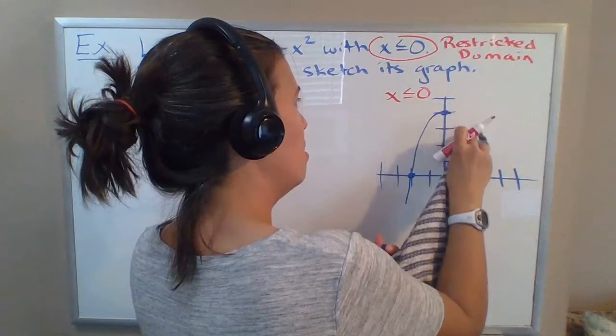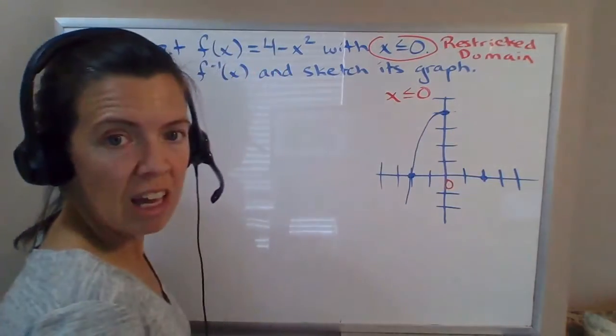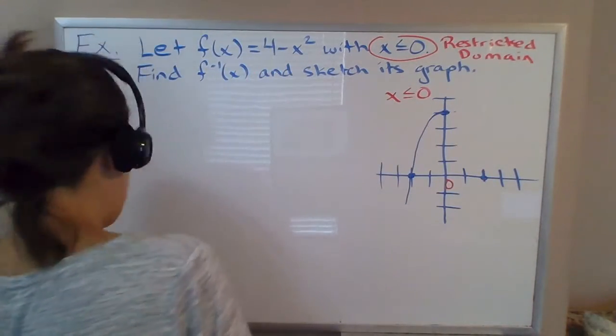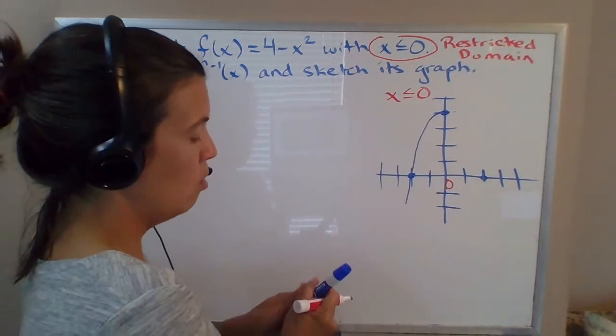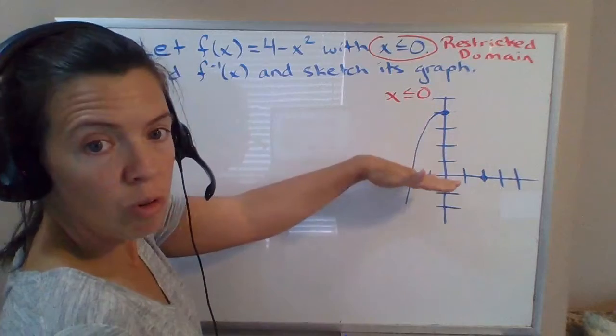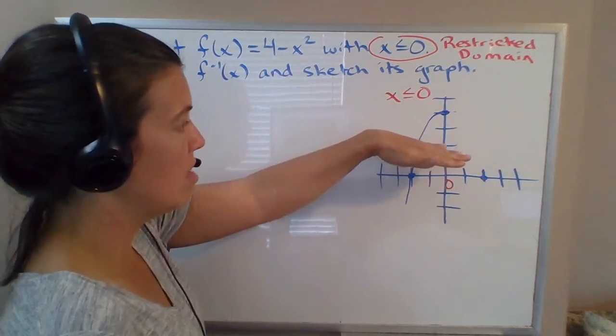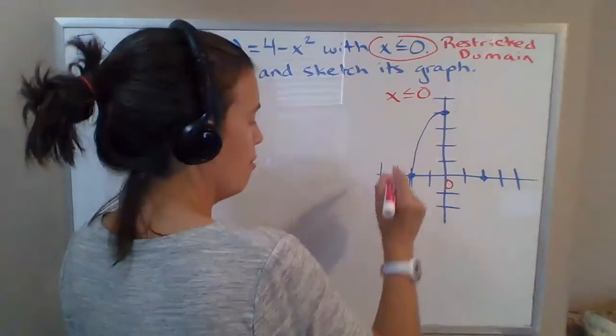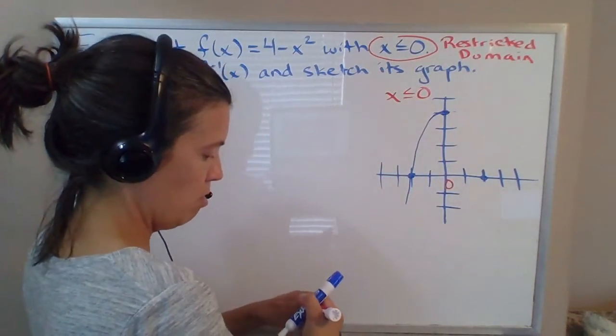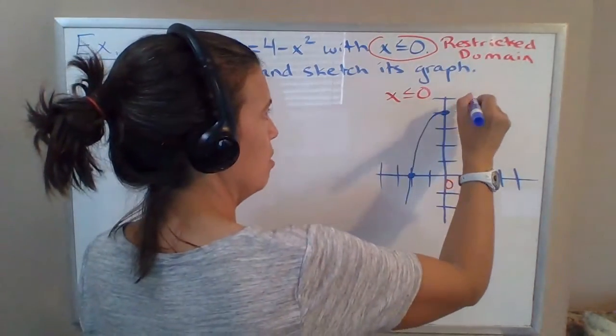Now we have just half of the parabola, the half that's to the left of the y-axis. And now notice it does pass the horizontal line test, so now it does have an inverse. Okay, so this is the graph of our function f, which I want in blue here.